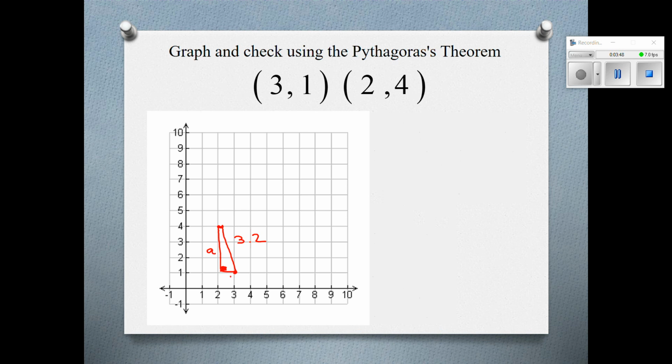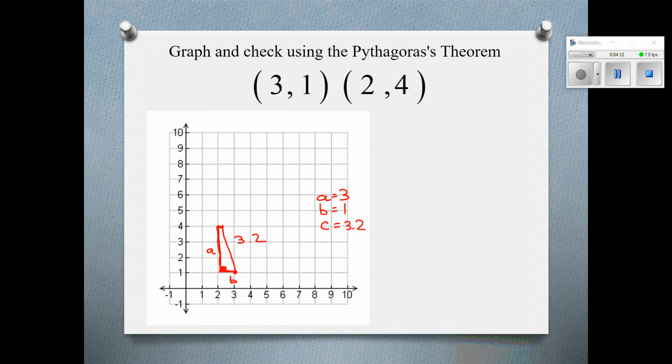So this could be your A, and this can be your B. If you look here at our A, it is 1, 2, 3 units long. So A is 3 units long. The other leg is 1 unit long. And we think that C, the hypotenuse, would be about 3 and 2/10, something approximate. So we could check this using the Pythagorean theorem.